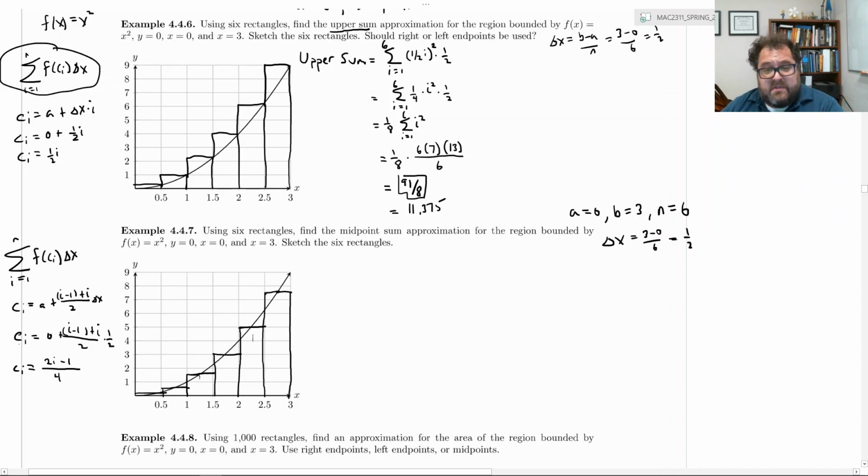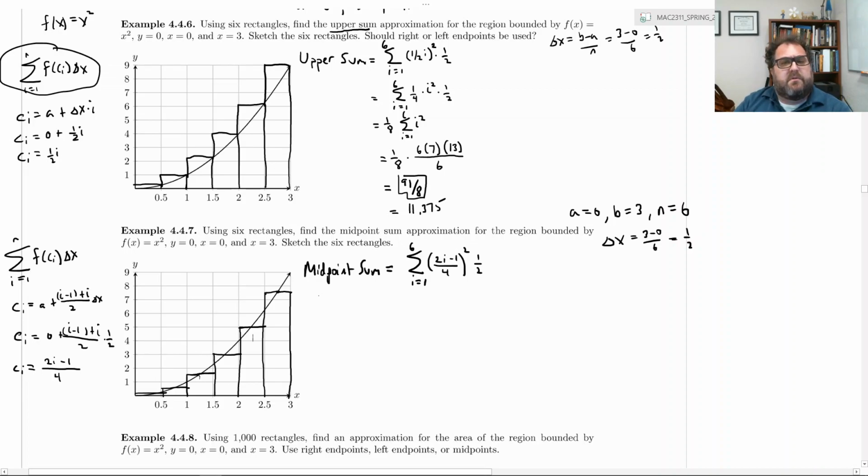Well, now that we have our c sub i, we can hop right in and evaluate the midpoint sum. It's going to be the sum from i equals 1 to n, which is 6, of f of c sub i, so that's our c sub i value, (2i minus 1 over 4) squared, times delta x, which is 1/2.